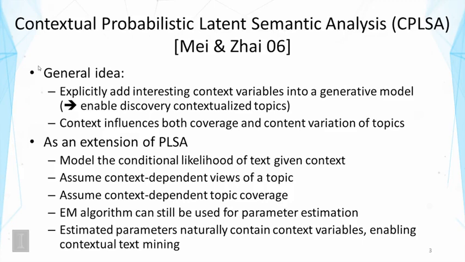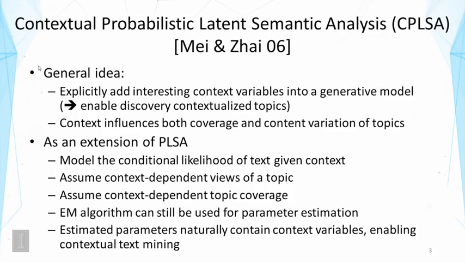So in this approach, Contextual Probabilistic Latent Semantic Analysis, or CPLSA, the main idea is to explicitly add interesting context variables into a generative model. Recall that before, when we generate the text, we generally assume we'll start with some topics and then sample words from some topics. But here we're going to add context variables so that the coverage of topics and also the content of topics will be tied to context.